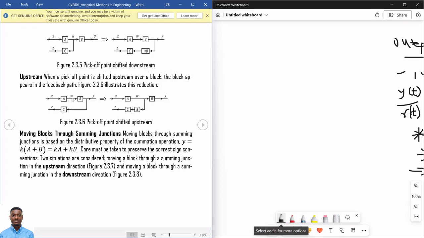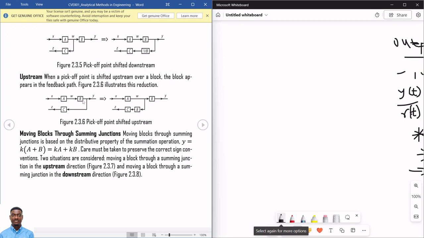Unlike the downstream, where we move to the right, for upstream you move to the left. So move to the right for downstream: the inverse of the block you move it over will appear on the feedback part of that pickoff point.